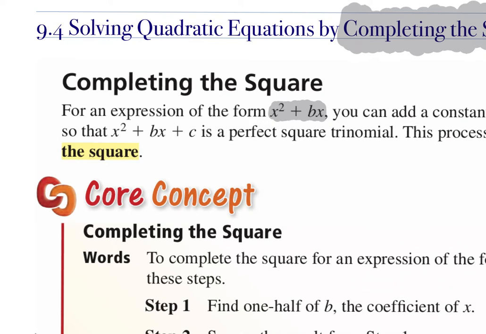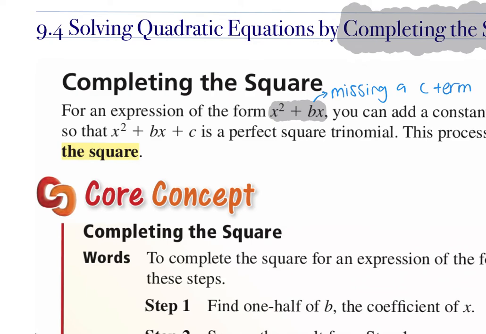X squared plus bx. Guys, notice, how does this compare to our normal standard form on the left-hand side? There's no C term. Write that in there. We're missing a C term.